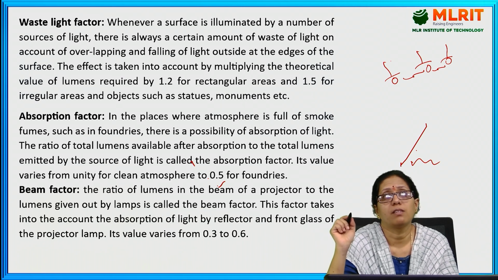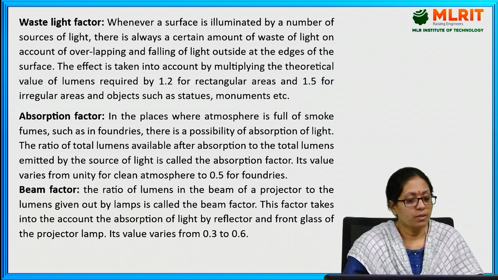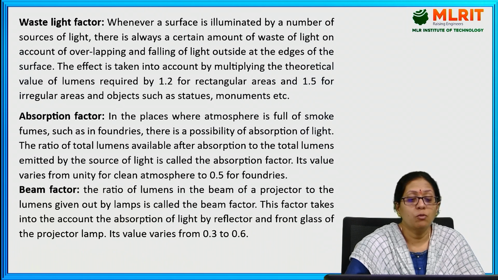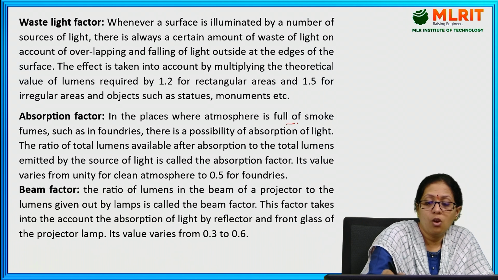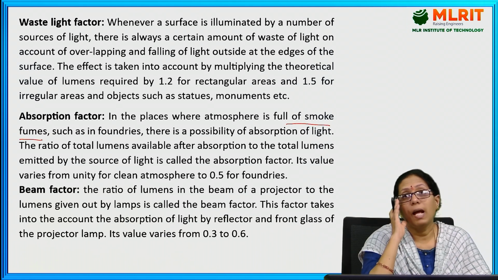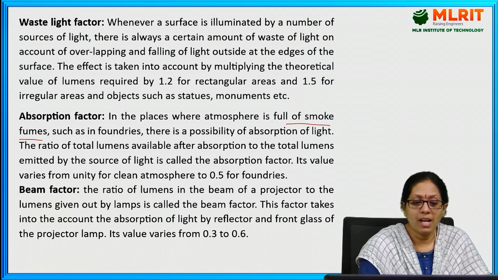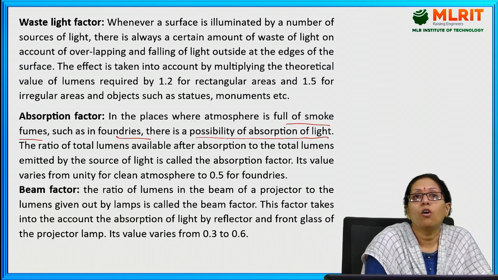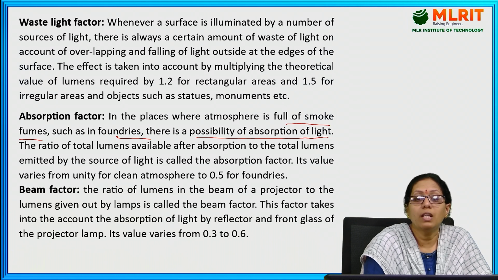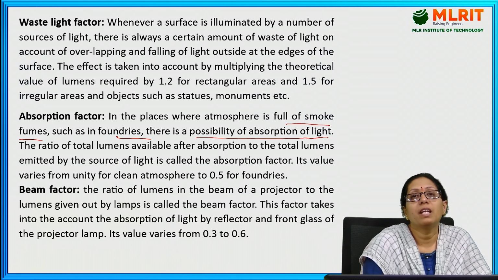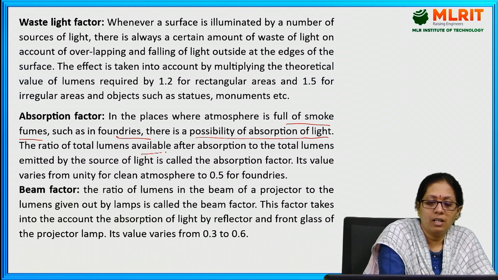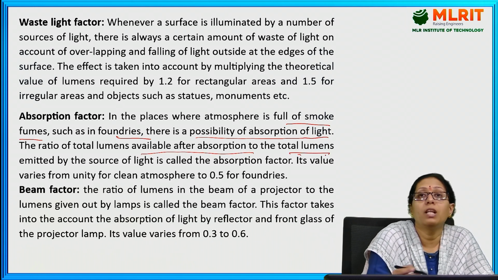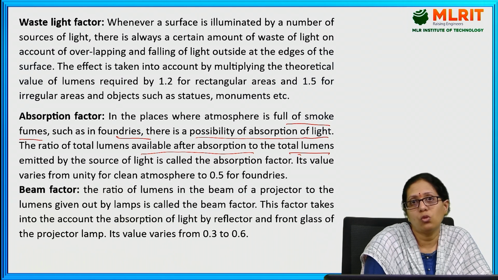in order to reduce the waste light factor. The next one is absorption factor. In this, the atmosphere is full of smoke, such as in boundaries, so there is a possibility of absorption of light. The ratio of total lumens available after absorption to the total lumens emitted by the source of light is called absorption factor.